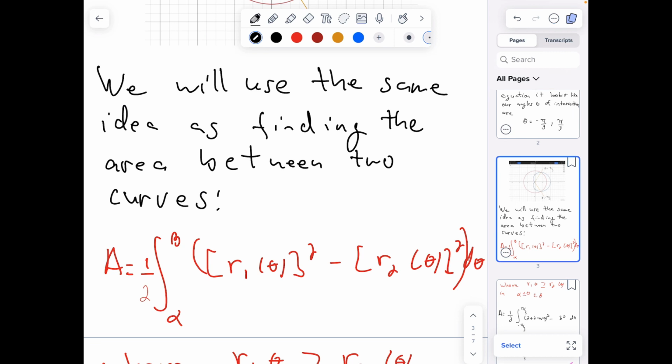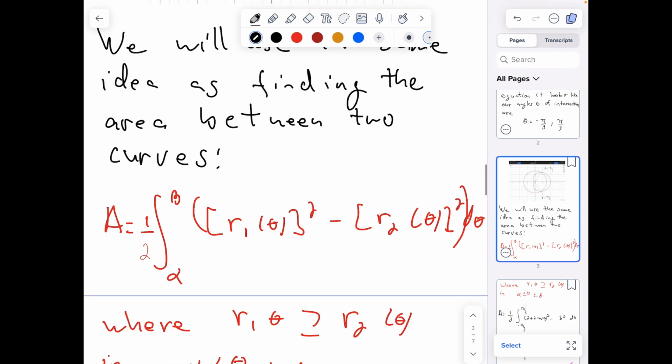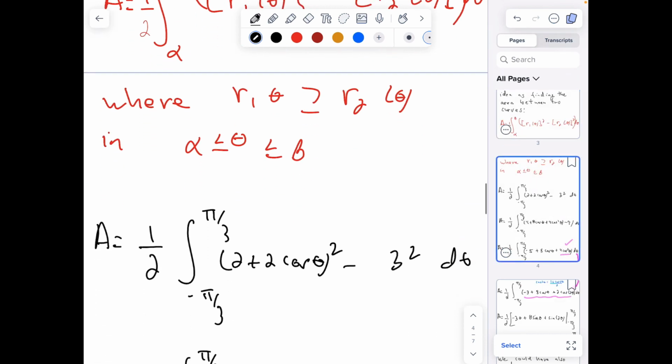You subtract those two functions and find where one is larger than the other. Those are usually your points of intersection, from minus pi over 3 to pi over 3. I say usually because there are some cases where this doesn't apply, but you don't deal with that much in this class. So in general, this is what you'll be working with.